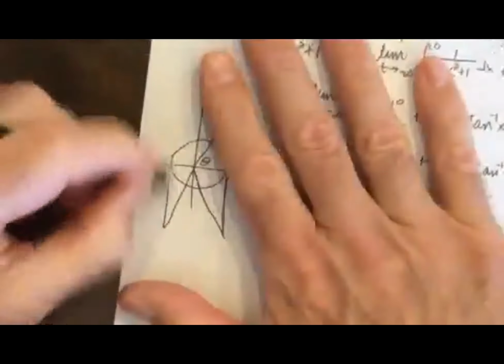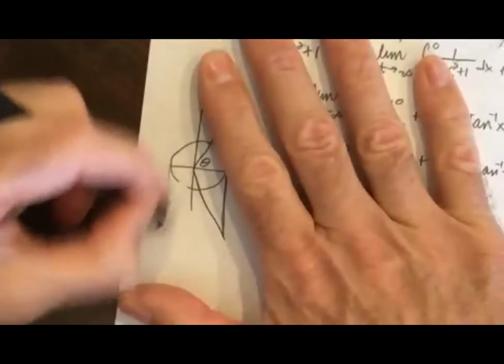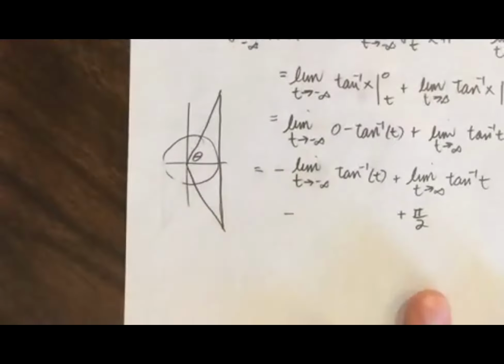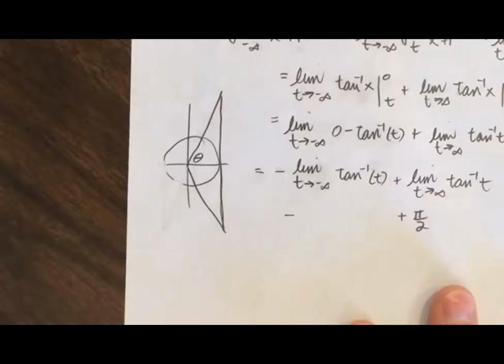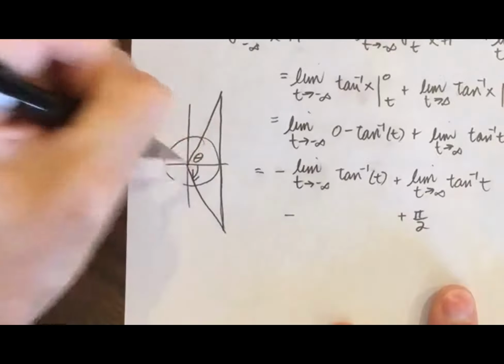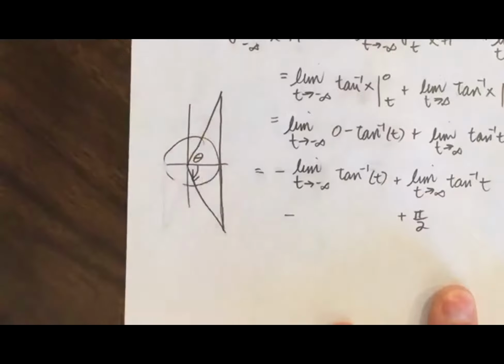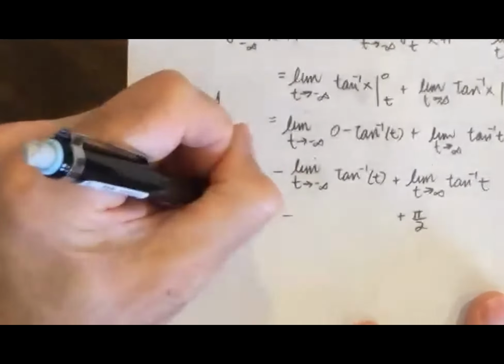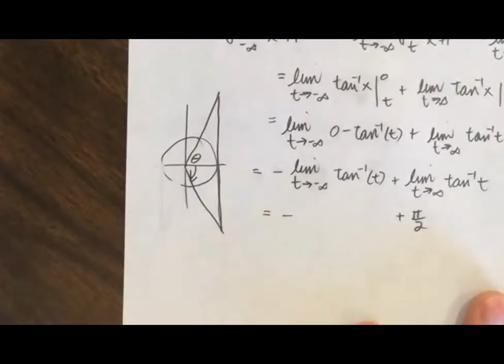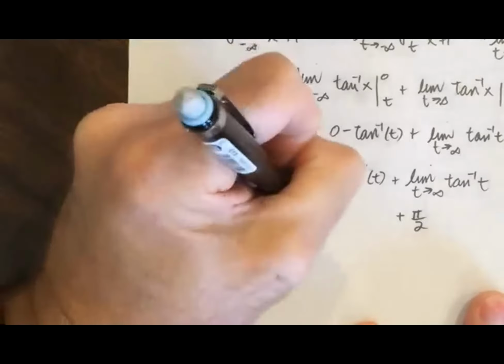I don't think I want to wander over here to the third quadrant and deal with 3 pi over 2s. Let's just stay right here because, of course, inverse tangent's domain is pi over 2 to minus pi over 2. So tell me what angle would make this a big negative number. And you say? Negative pi over 2.